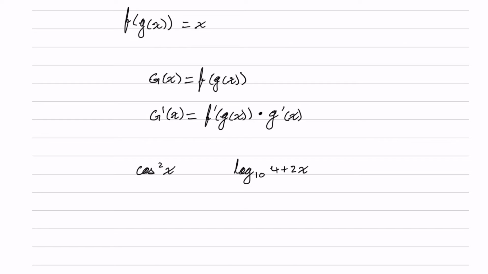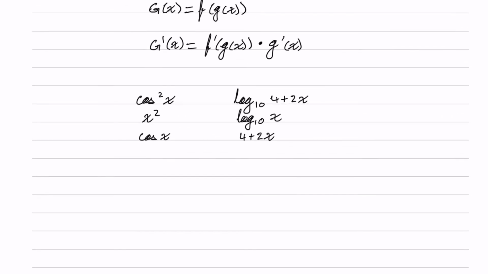In the cosine squared of x case, we have one function being x squared, the other function being cosine of x, right? And in the log base 10, we have log base 10 of x being one function, and 4 plus 2x being the other function.